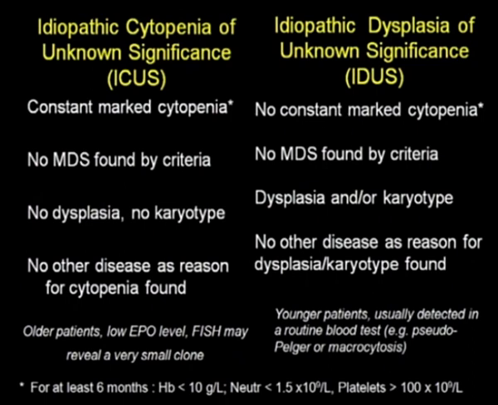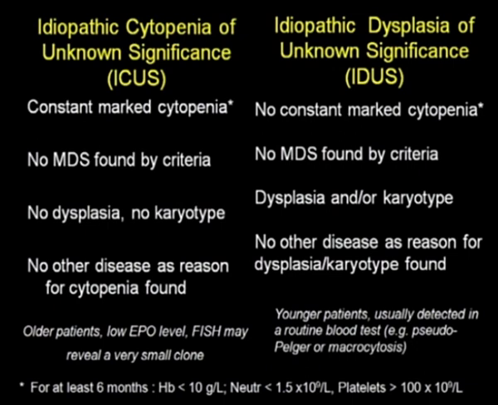In the IDUS criteria, it is the same with cytopenia, but we have dysplasia or karyotype and without other disease. IQOS patients are usually older, with a low EPO level, and with FISH very often we find a very small clone.